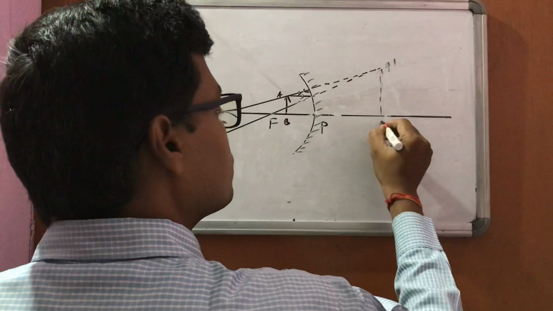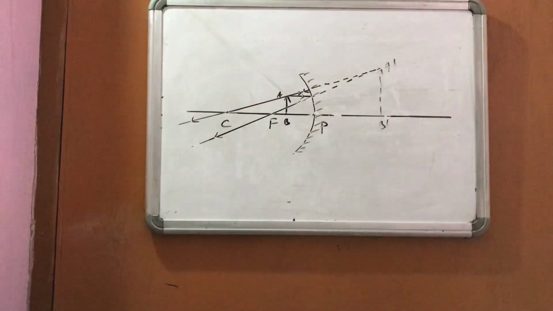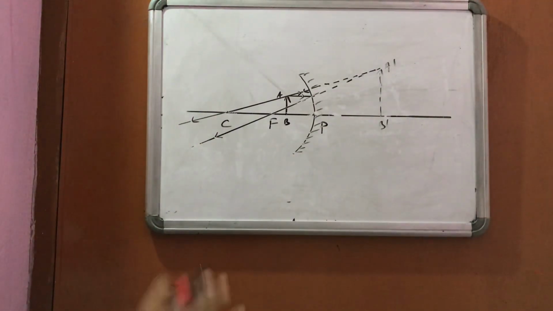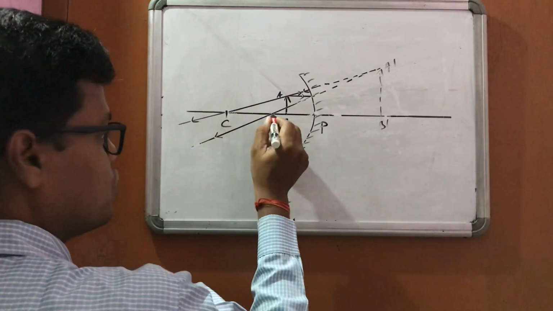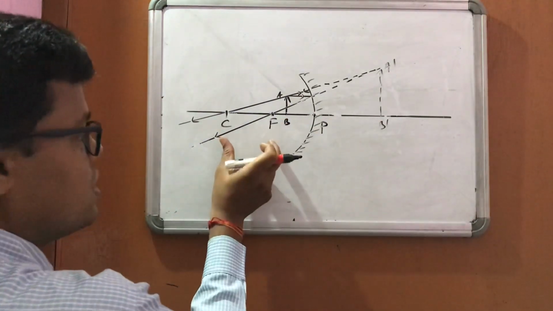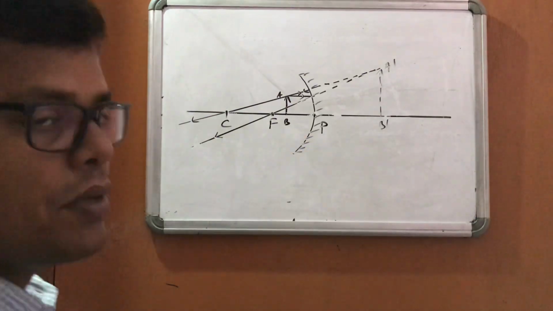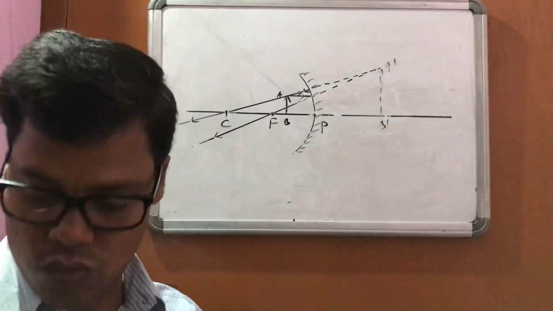Now this is the position of the image. So in this way you can draw the diagram. Remember, this distance and this distance must be equal. The distance of separation between C and F and F and P must be equal.